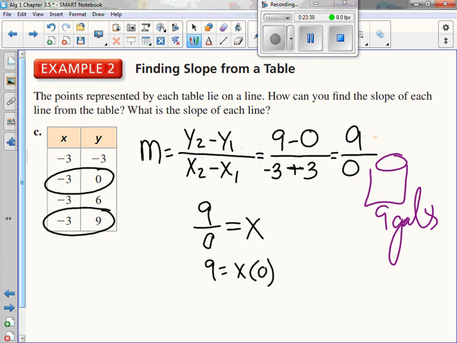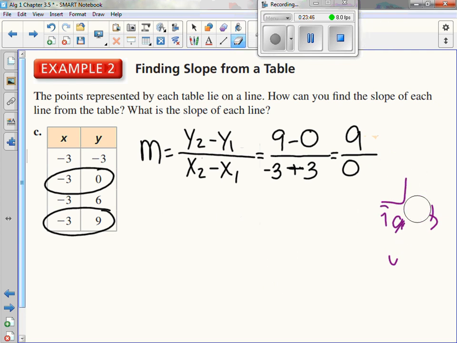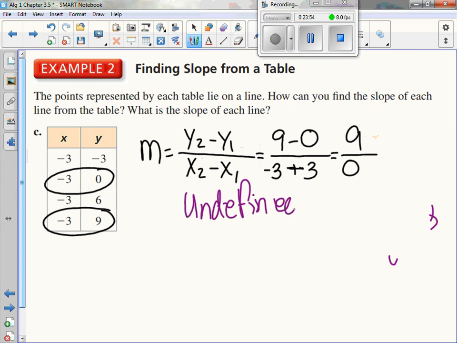No. That's essentially what this is saying. That's why we can't divide by 0, because it just doesn't work. So what this slope here is called is undefined. Whenever we get 0 in the denominator, or the values of x are the same.